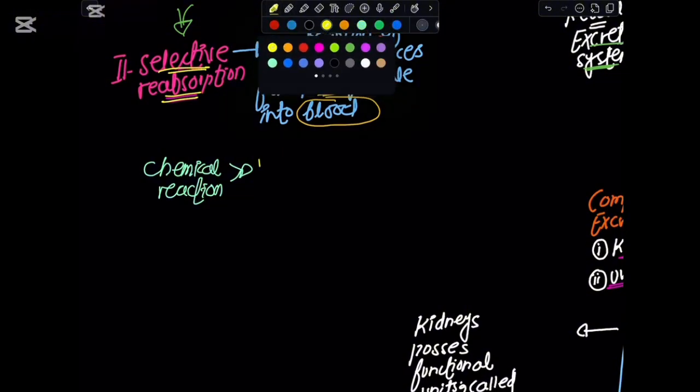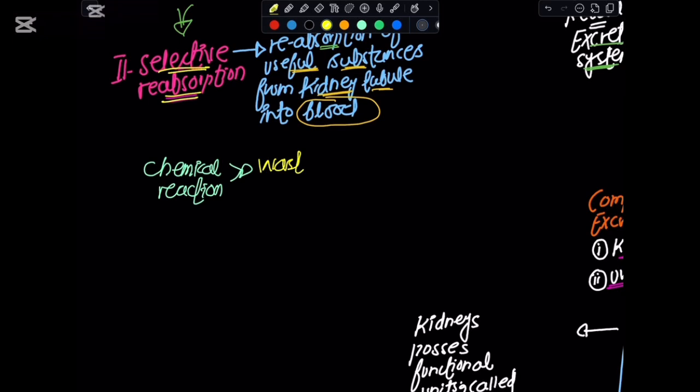Among those, you may know the names of some. I have urea, then I have uric acid, and after the uric acid, we have another component, creatinine.